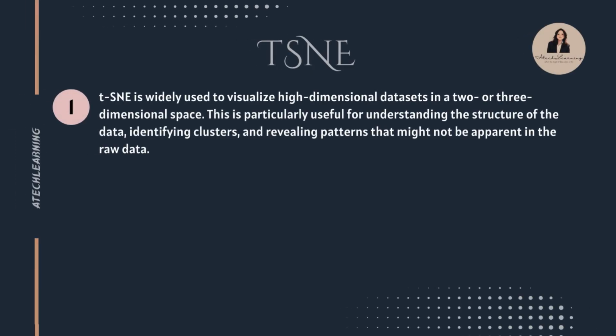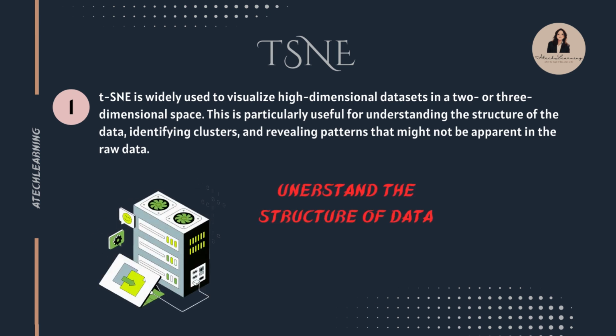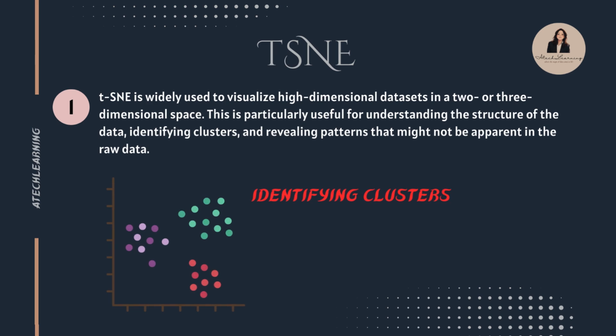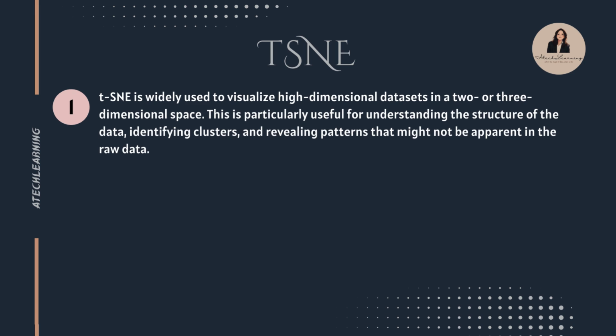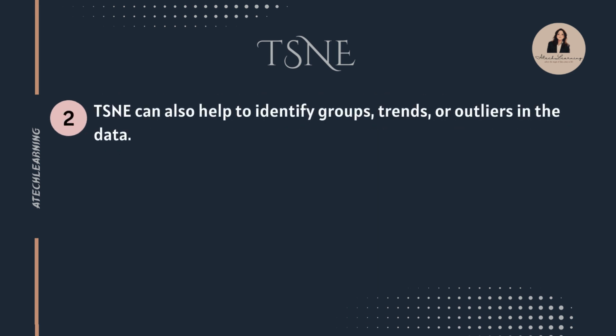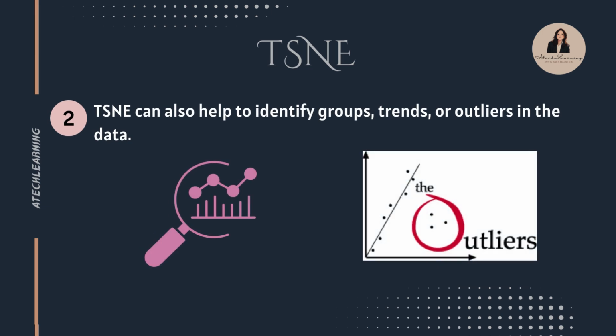t-SNE is widely used to visualize high-dimensional data sets in a low-dimensional space, that is, 2 or 3-dimensional space. This is particularly useful for understanding the structure of the data, identifying the clusters, and revealing patterns that might not be apparent in the raw data. t-SNE can also help to identify groups, trends, or outliers in the data.